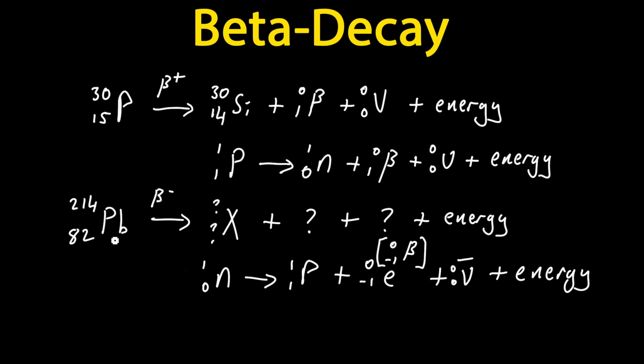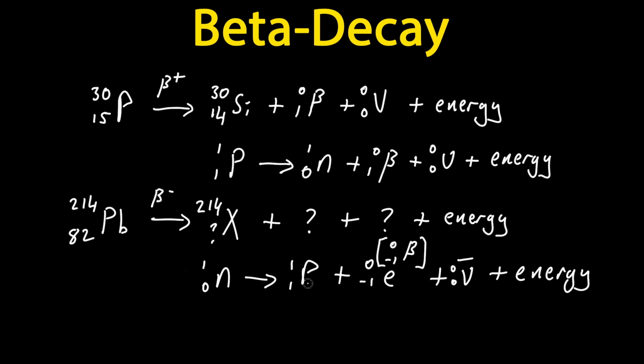So what does that mean for the lead nucleus? If one of the neutrons in this nucleus is being converted into a proton, effectively we're adding a proton to this nucleus, but the mass number stays the same because we're simply transforming a neutron into a proton. So we have the same mass number of 214.